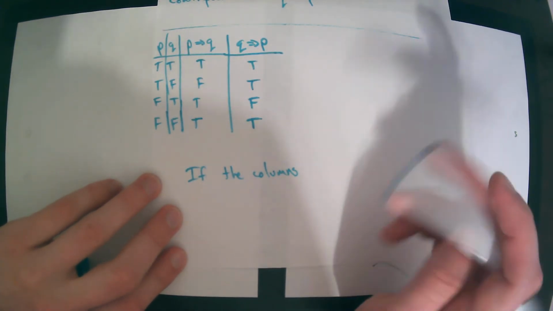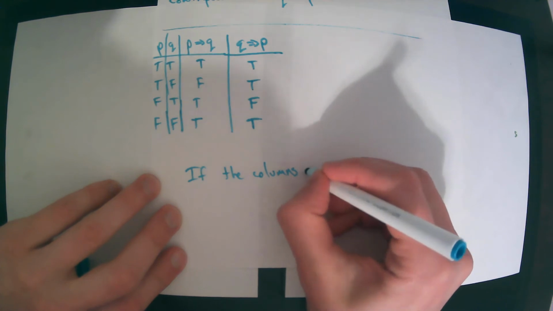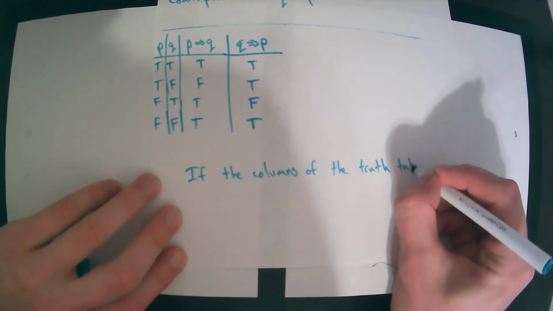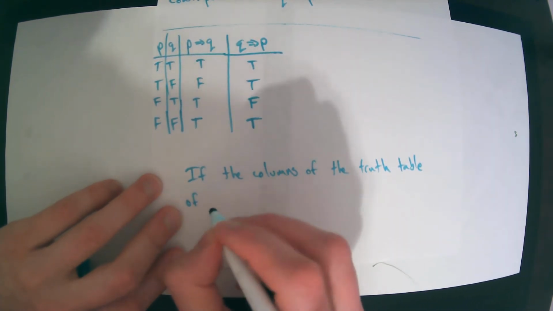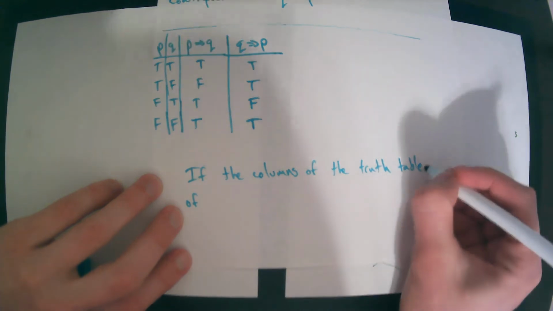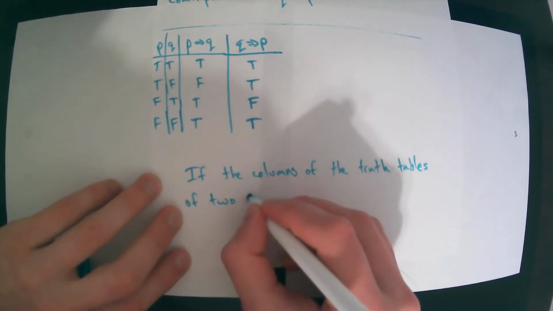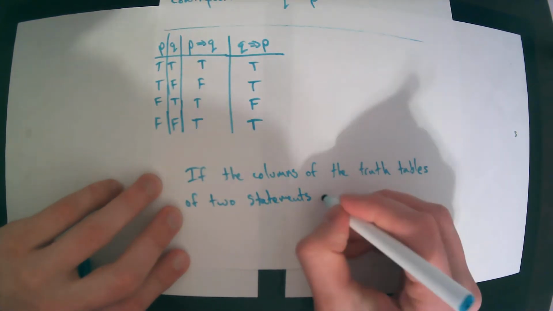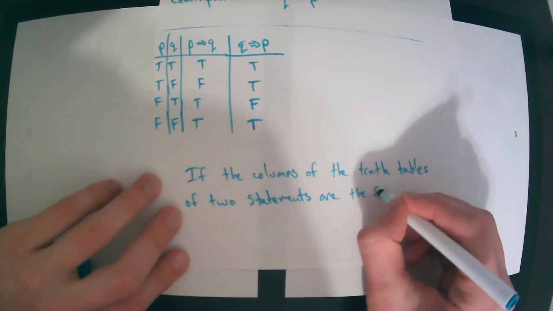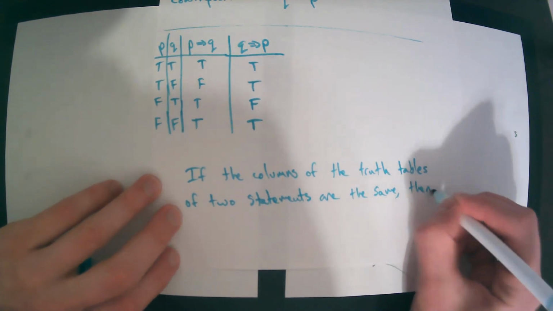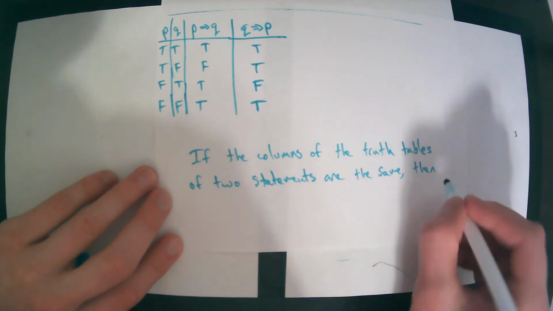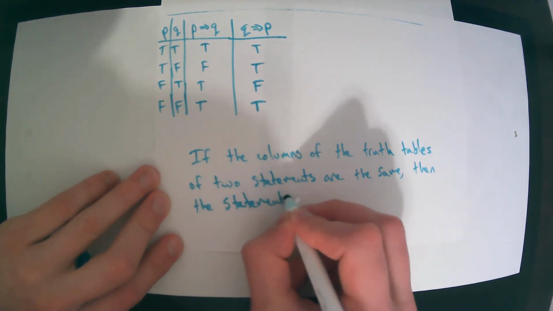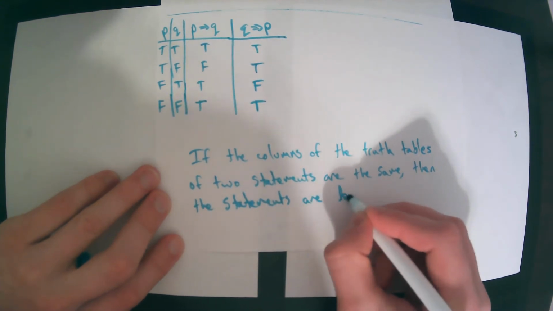If the columns of the truth tables of two compound statements like this and this are the same, then the statements are logically equivalent.